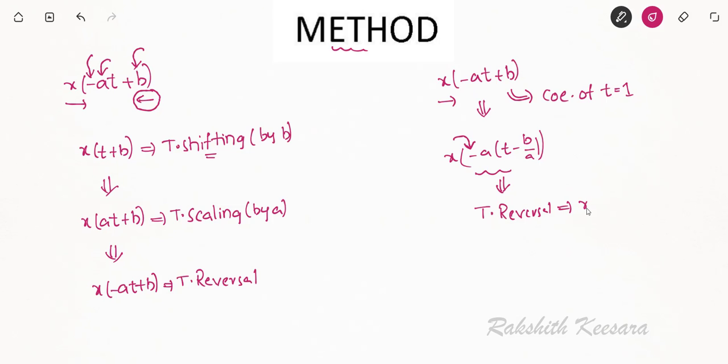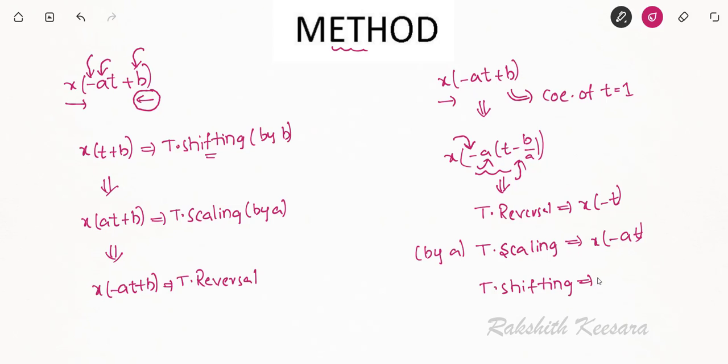We need to plot x of minus t. After this we should do time scaling. We should perform x of minus at, time scaling by a. After this you should perform time shifting, that is x of minus a into t minus b by a. Time shifting should be done by the amount b by a.